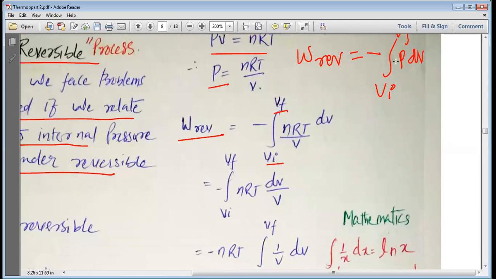Instead of P we just put this value nRT upon V into dV, and therefore W is equal to minus integration Vi to Vf nRT dV by V. This dV by V we have written in this form.